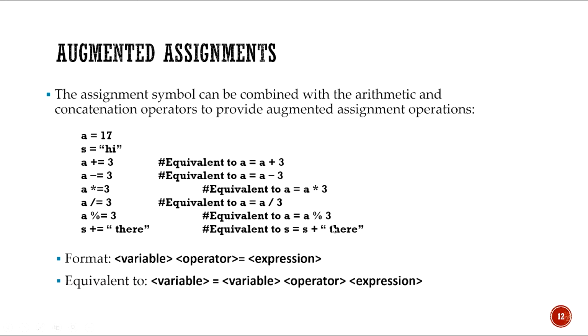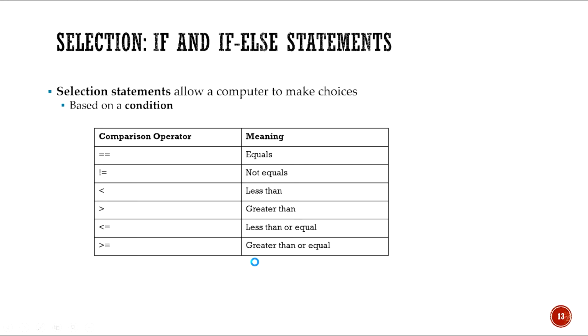And if you want to combine two strings, then you use S +=, and then there. So S was equal to "hi", and then the result would be "hi" there. So you can see the general format here: variable, operator, equal sign, and expression. So that was a note on augmented assignment.